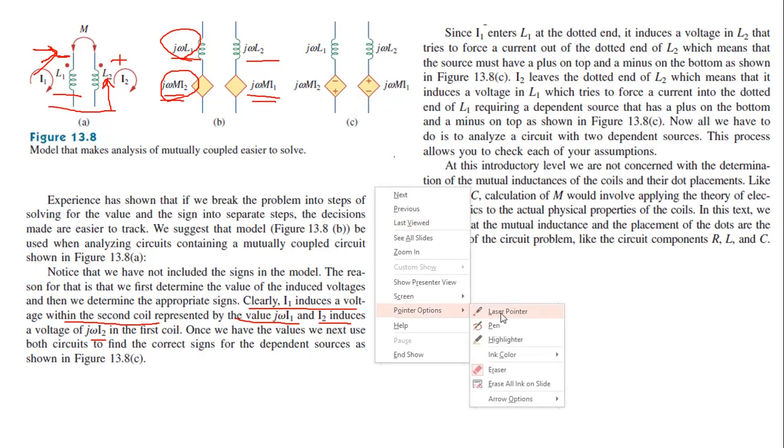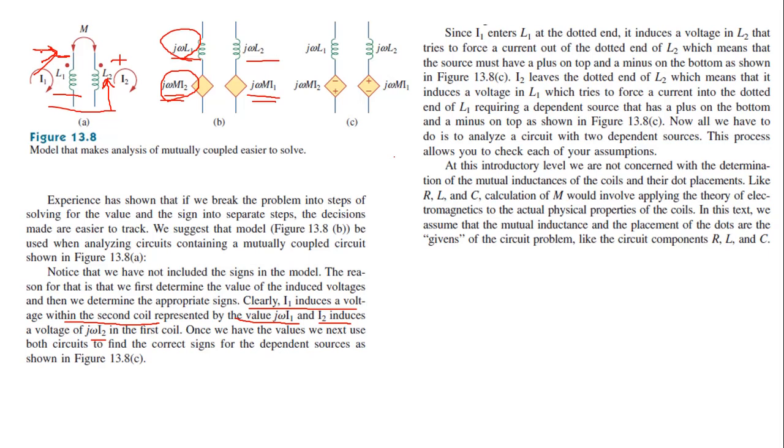Here I am telling you once more, the current I1 enters the dotted terminal of L1. So in coil 2, wherever the dot is placed, that terminal is positive, right? So here it is positive, so the polarity is positive and negative.